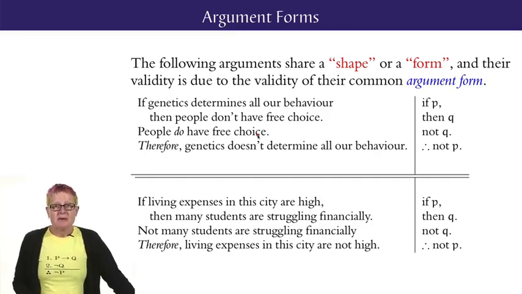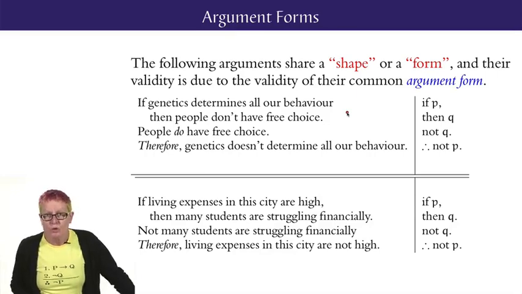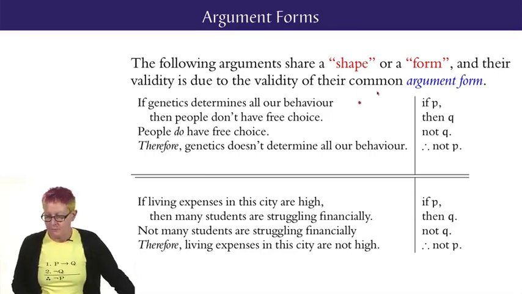If we represent the basic sentence, genetics determines all our behaviour, using atomic proposition letter P, and we represent the sentence, people don't have free choice, using atomic proposition letter Q, then we extract the following argument form.